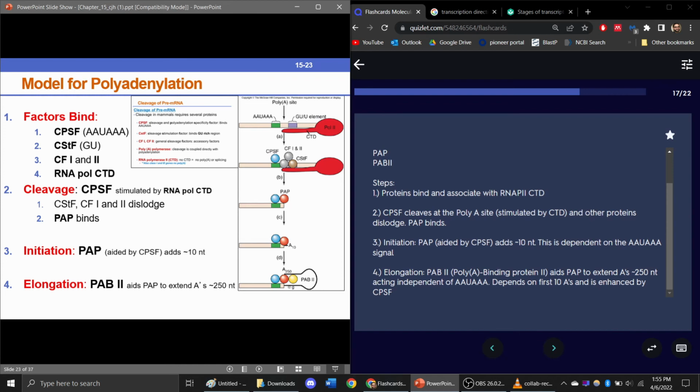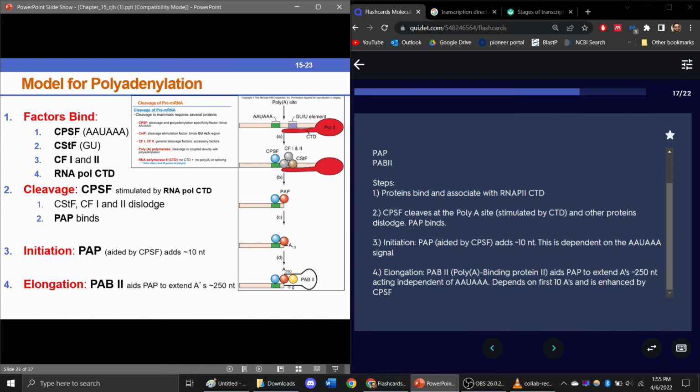After the first 10 A residues are made, PAP goes, and now PAB2 comes in. Now PAB2, poly-A binding protein 2, not to be confused with poly-A binding protein 1. Wait, did I say PAP leaves? Sorry, I just read that. All right, PAP doesn't go anywhere.